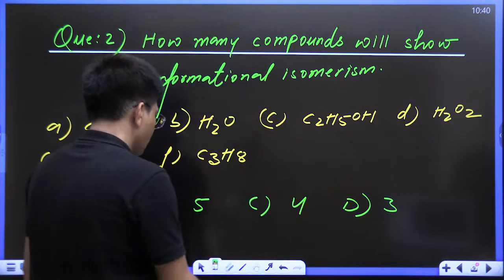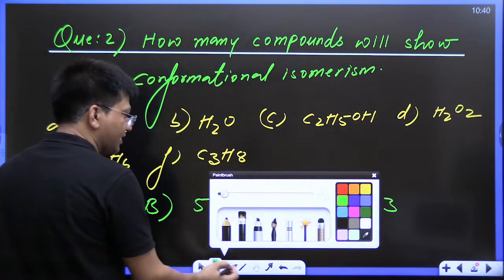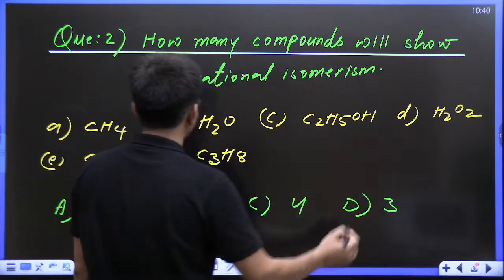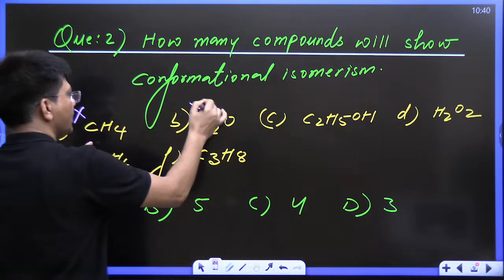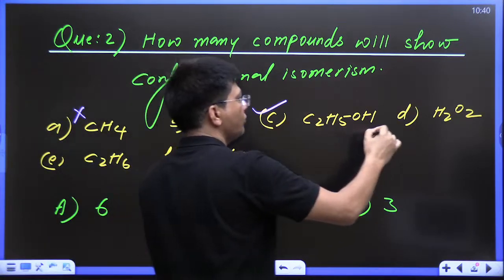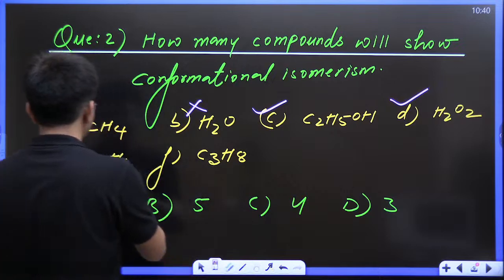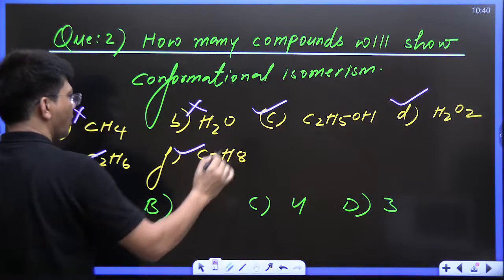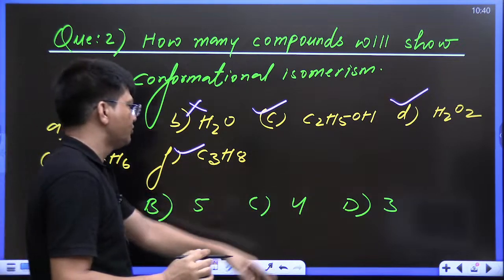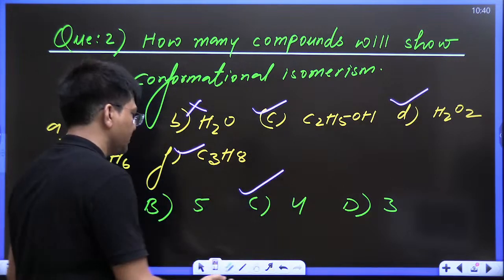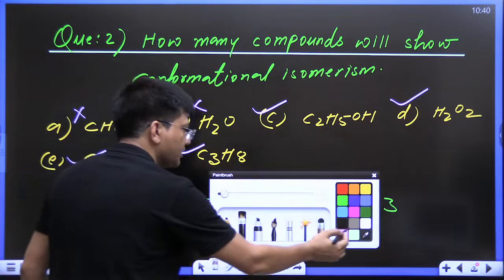See kids, you are going to fail because the correct answer is, let me tell you, this will not show, this will show, this will show, and this will also show conformational isomerism. So D is not the answer. Answer is C. The fourth is the correct answer.